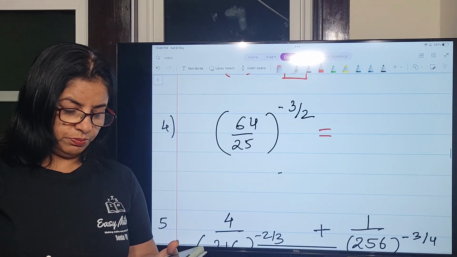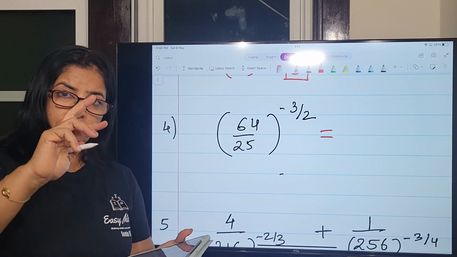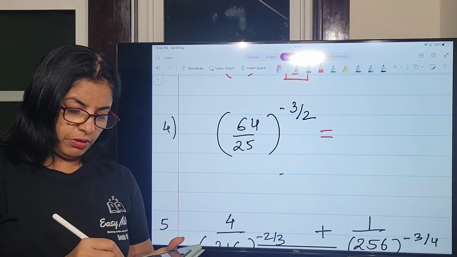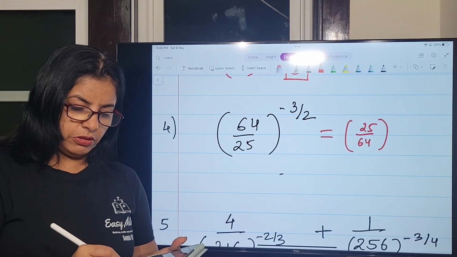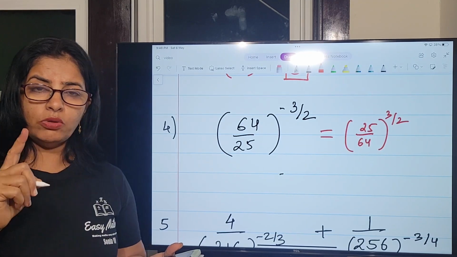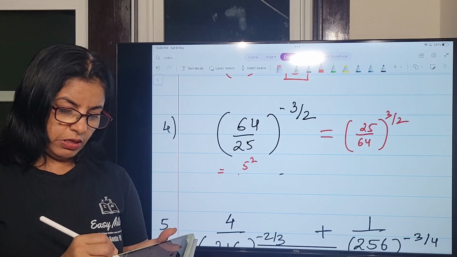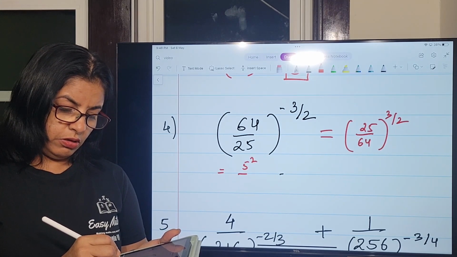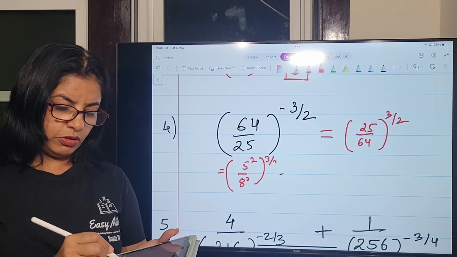Next question. So the first step, change negative to positive. That means you reverse your number. So it becomes 25 upon 64 to the power 3 by 2. Now change composite to prime, 5 square and 8 square to the power 3 by 2.